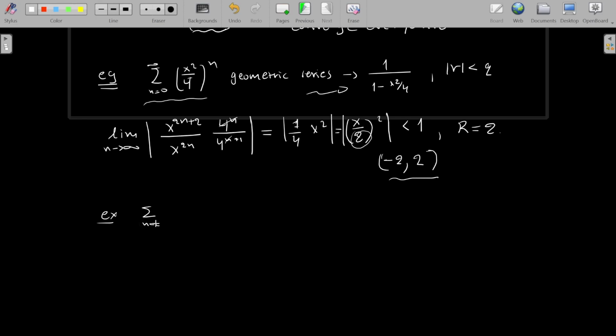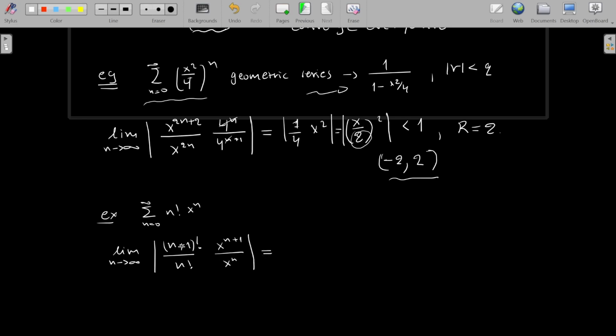namely the sum from 0 to infinity of n factorial x to the n. Now the limit as n goes to infinity is going to be (n+1) factorial over n factorial, times x to the n plus 1 over x to the n, right?